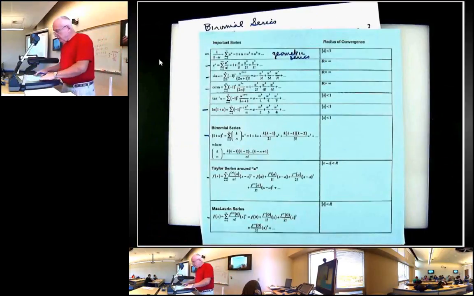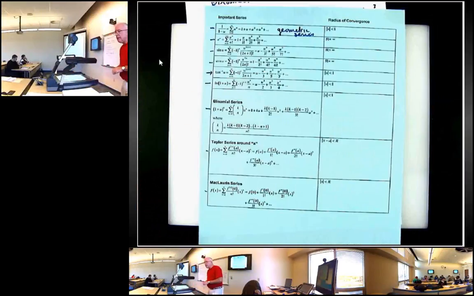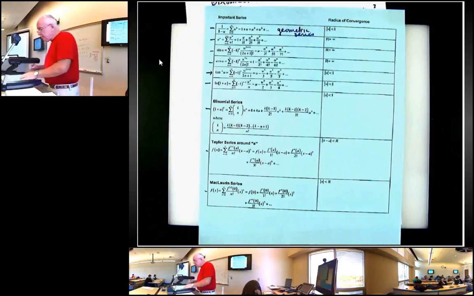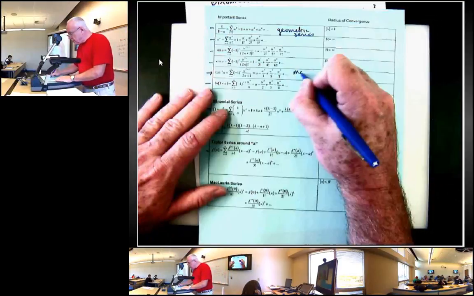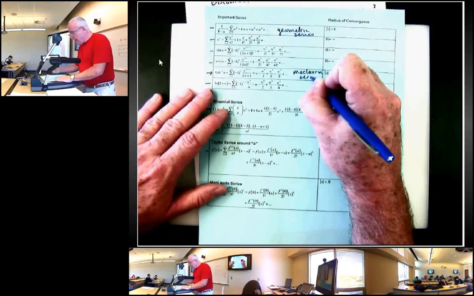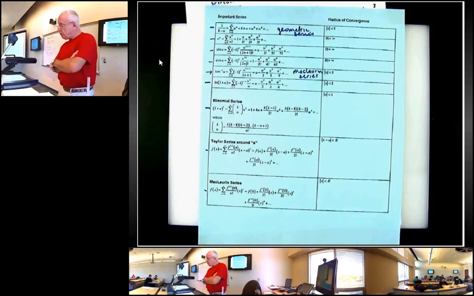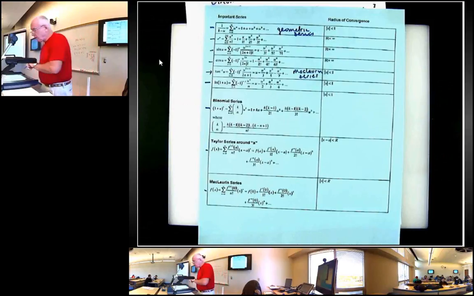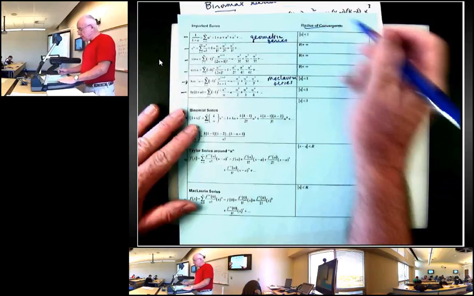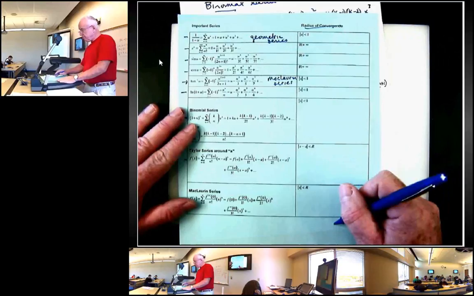The only other one here that we haven't explicitly touched upon is tan inverse of u. This is the Maclaurin series for that, and I've written out the first few terms for you, so you'll have those available. Along with this, the other column has the radius of convergence of each of these.